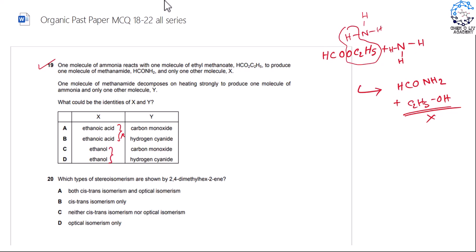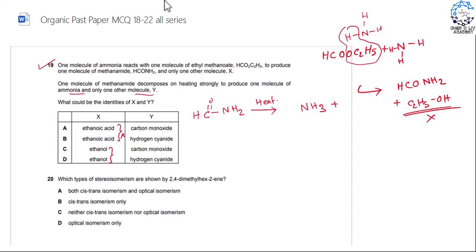One molecule of methanamide decomposes on heating strongly to produce one molecule of ammonia and the other molecule is Y. So HCONH2 is being heated strongly. It's going to produce NH3, one product.